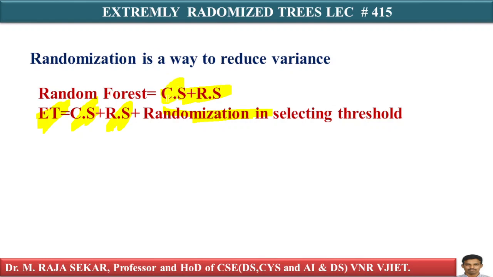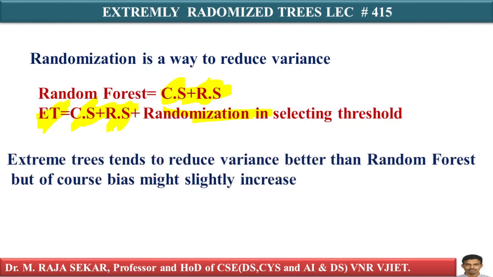In extra trees, in addition to column sampling and row sampling, I have an additional form of randomization. Again, randomization is a way to reduce variance, so extra trees tend to reduce variance better than random forest, but of course bias might slightly increase.